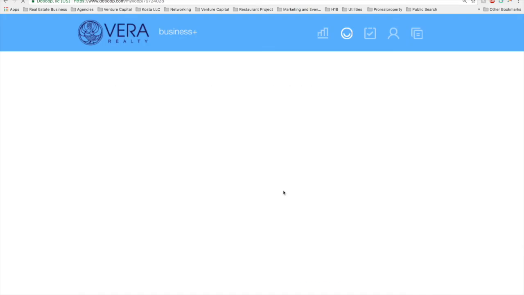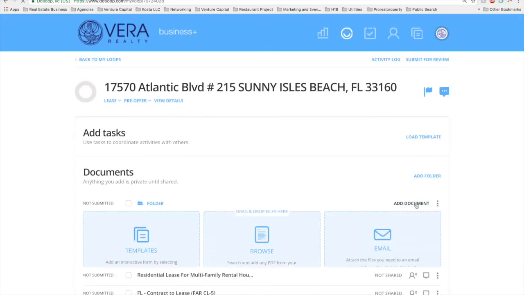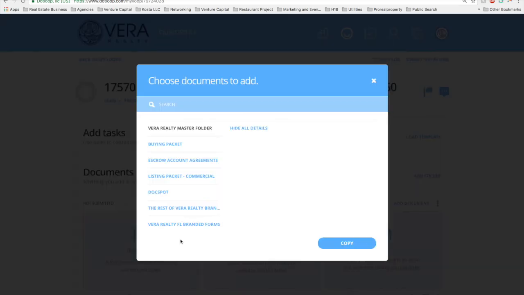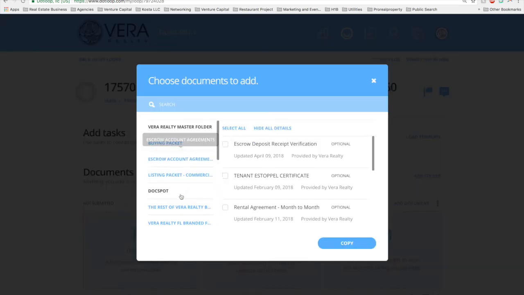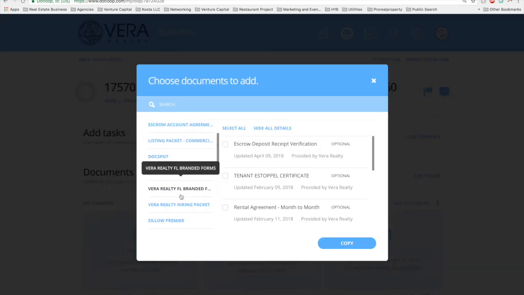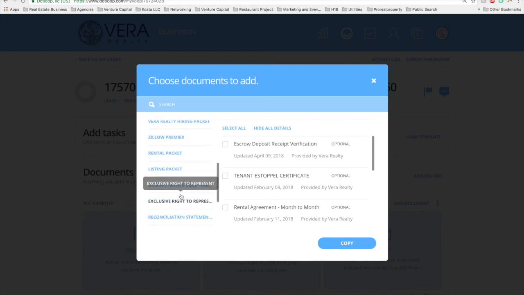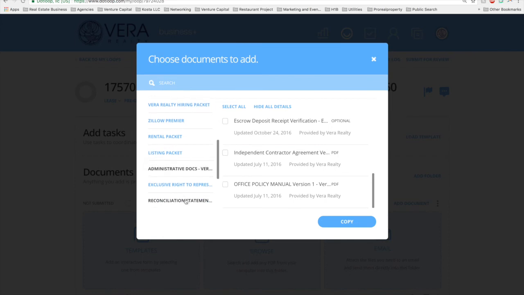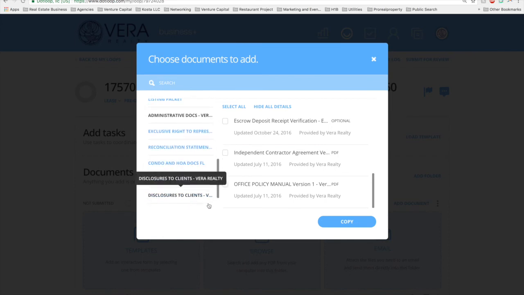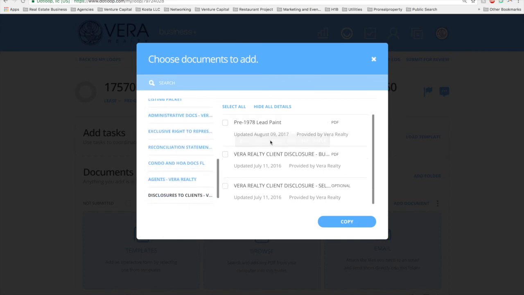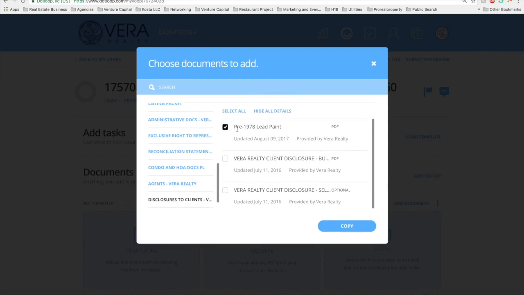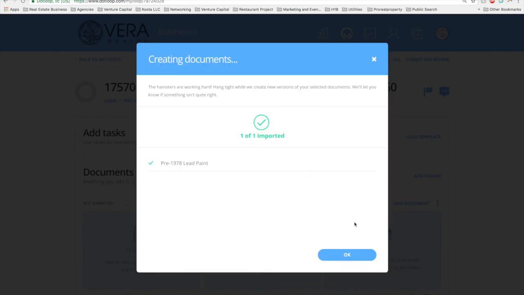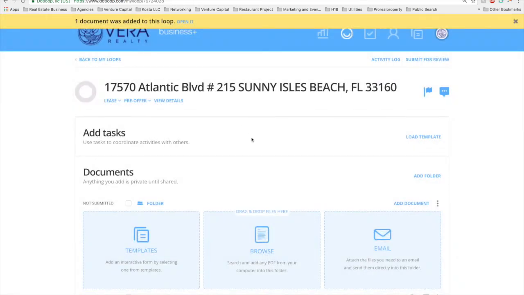We don't share it yet. We will add right away to our file from the templates the lead-based paint pamphlet. So pre-1978 lead-based paint, and we will share it with our tenant.